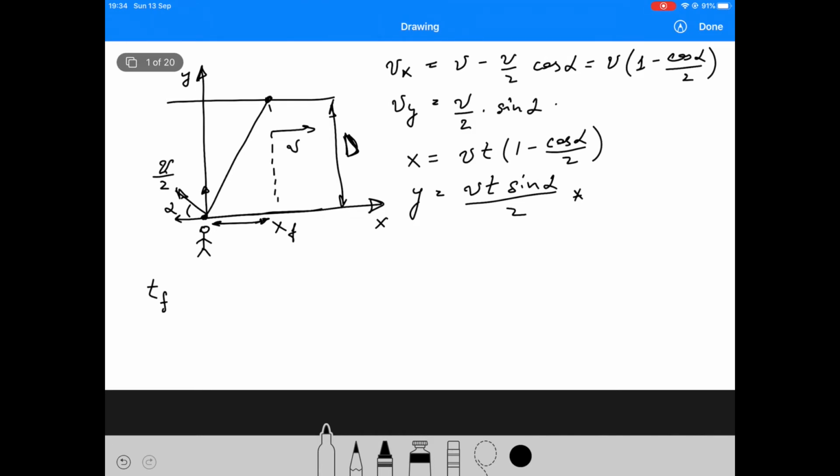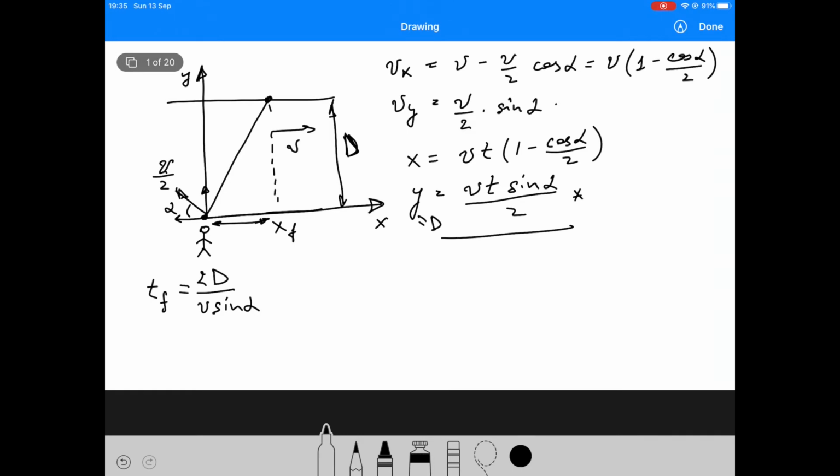Okay, so tf will be equal to 2D divided by V sine alpha. I got it from this equation, assuming that y is equal to D. Good.